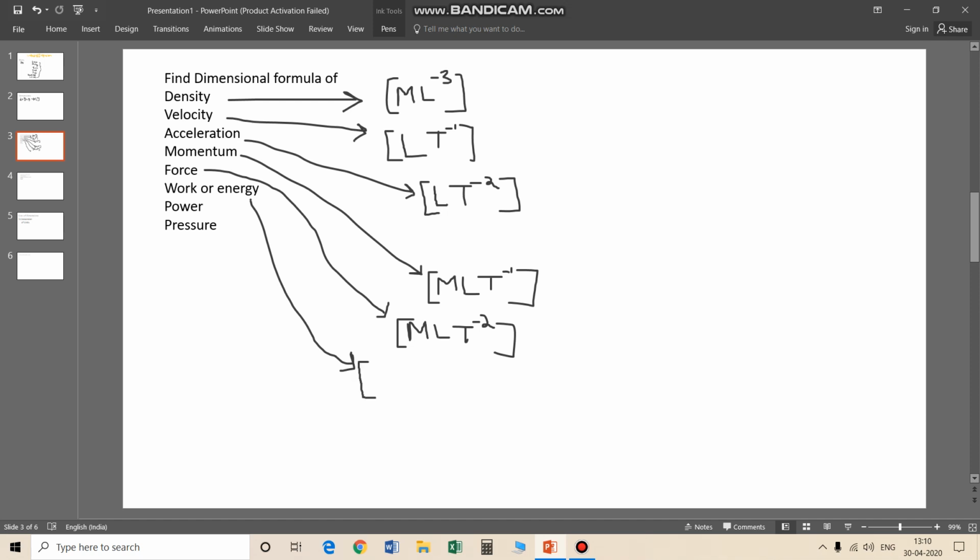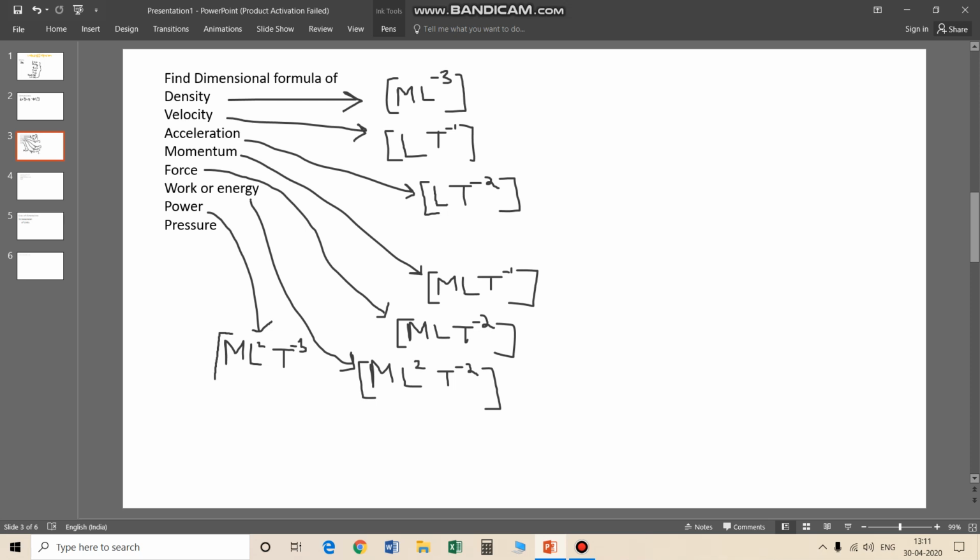Then force into length is M L square T to the power minus 2. Right? Nice. Moving on to power. What is power? Work per unit time, right? Work per unit time, then it will come to be M L square T to the power minus 3.